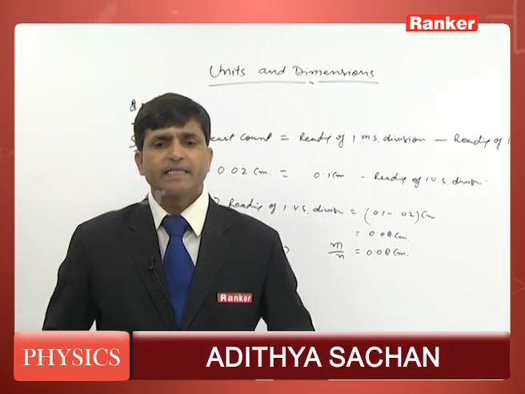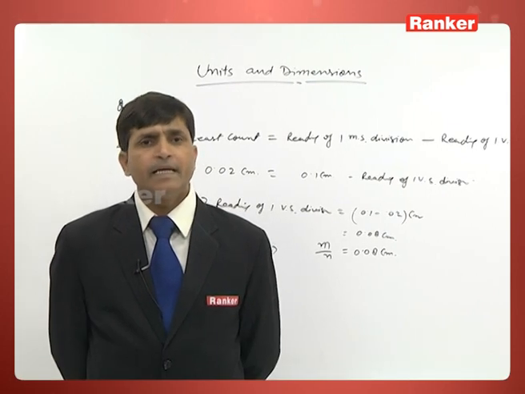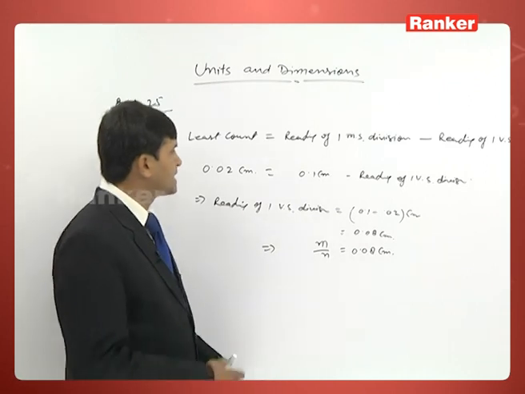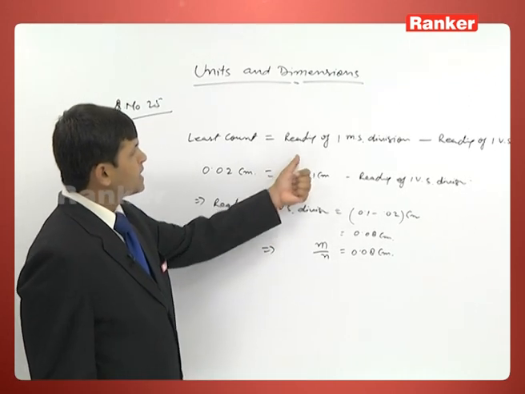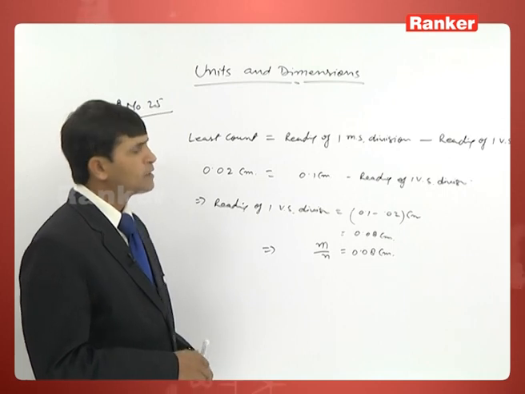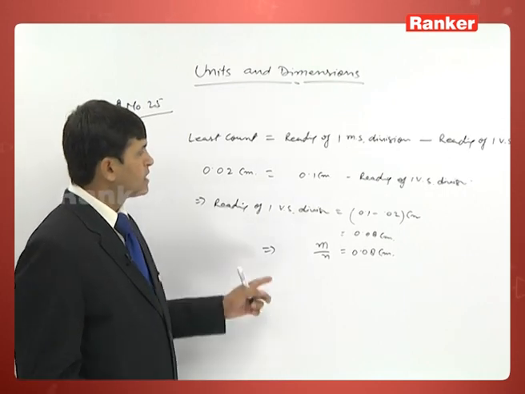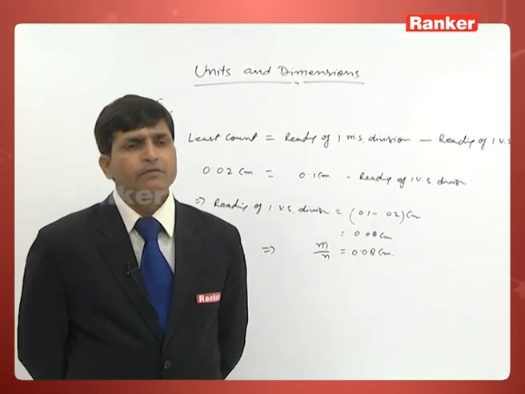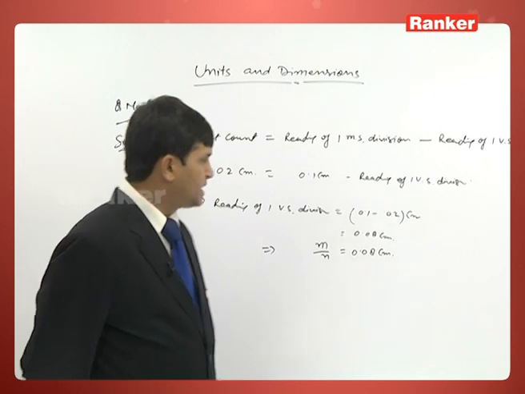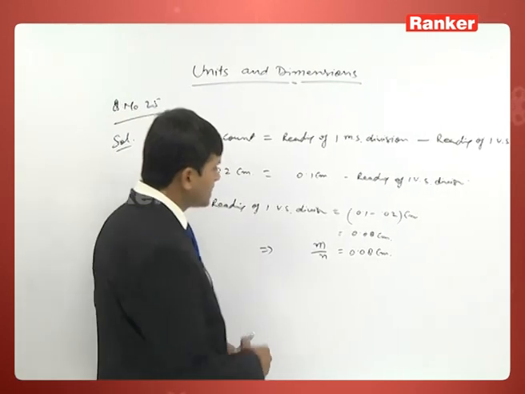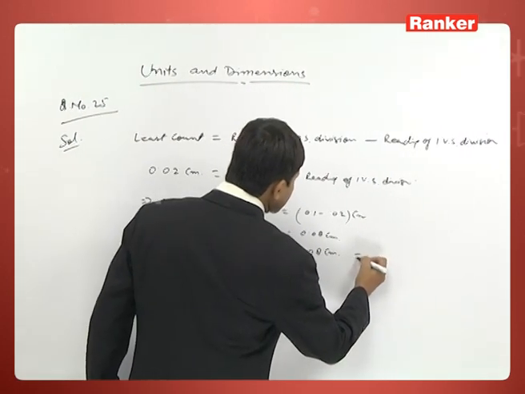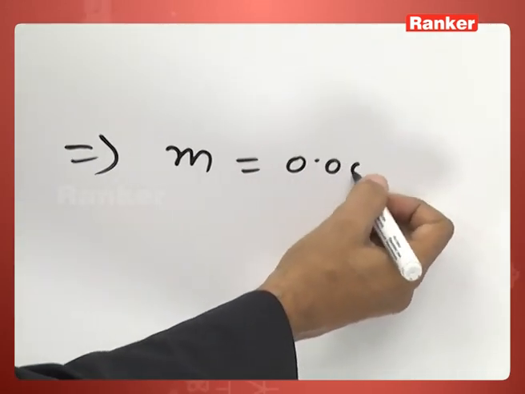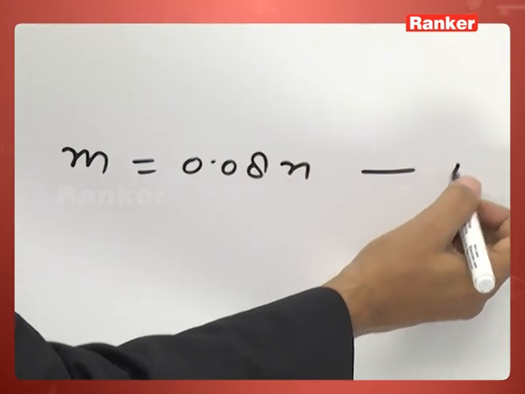And this is also given: n minus 1 main scale divisions is equal to n vernier scale divisions. So, the reading of one main scale division is given here as 0.1. See, first equation from here gives us m is equal to 0.08 into n.